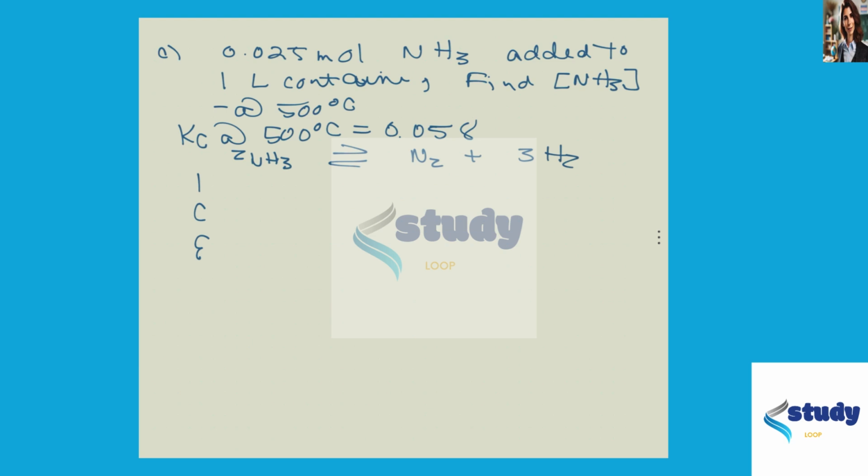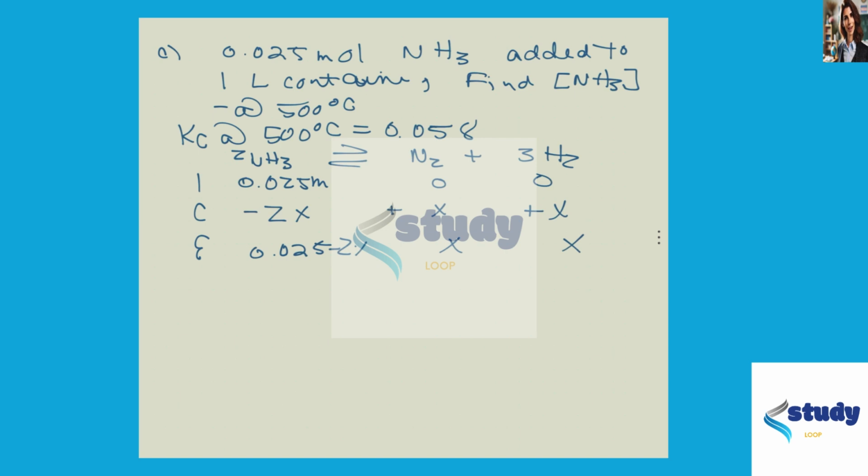My initial concentration is 0.025 molar, 0 and 0. This will increase by x, and this will decrease by 2x. 0.025 minus 2x, x and x.